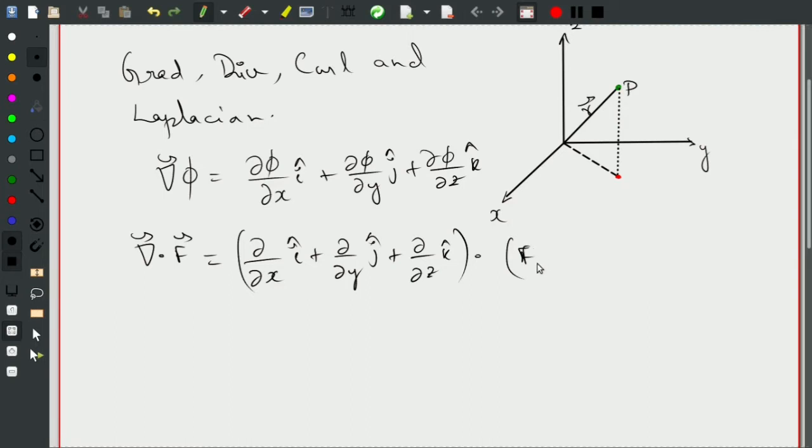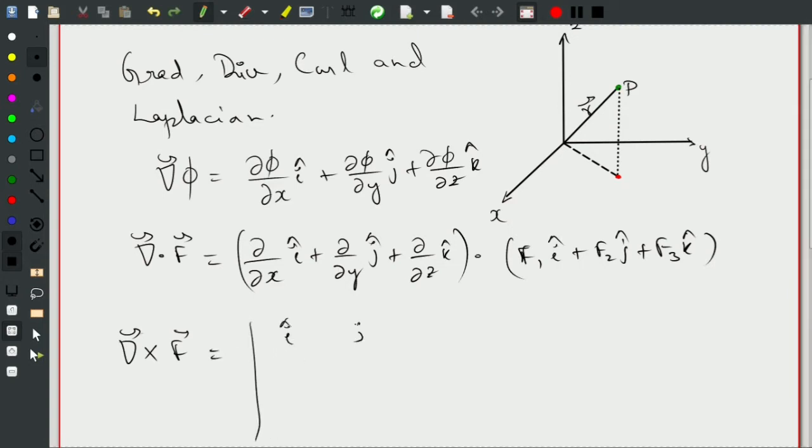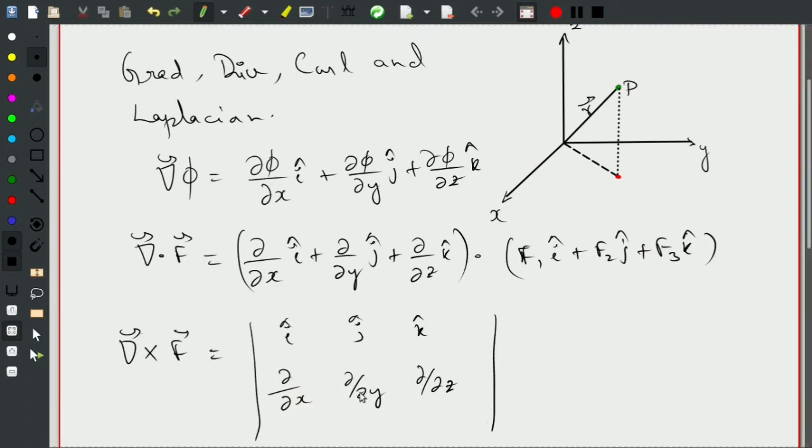Then f vector can be represented as f1 i cap plus f2 j cap plus f3 k cap, right? Similarly, for curl we have del cross f vector, and it is given by the determinant with i cap, j cap, k cap, dou by dou x, dou by dou y, dou by dou z, and here we have f1, f2 and f3, right?